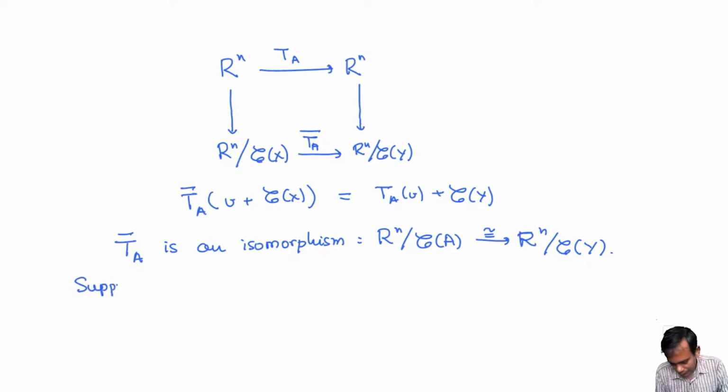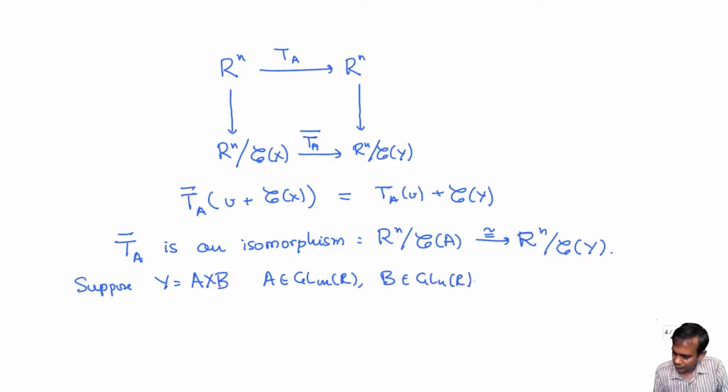Suppose that Y is AXB, where A is in GL_m(R) and B is in GL_n(R). Then R^n mod the column space of X is the same as R^n mod the column space of XB, but that's isomorphic.